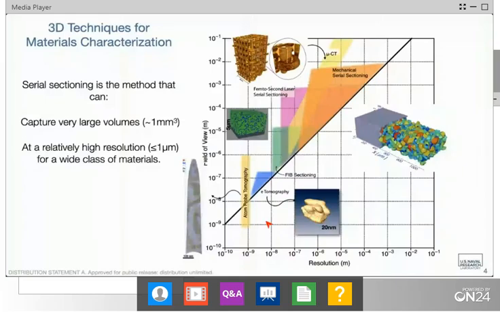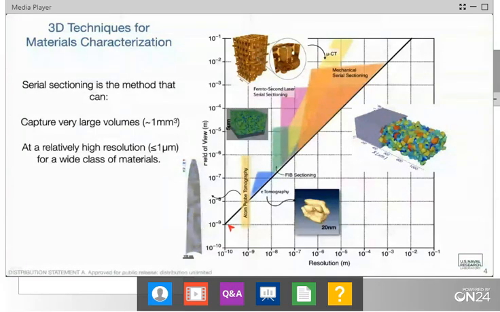So there are all sorts of different 3D techniques that one can use for the analysis of materials, and they really span a lot of length scales. At the very smallest length scale, we have atom probe, where you're looking at the actual position of individual atoms and how they're arranged. Very good for extracting nanoscale composition variations. If you want to look at nanoprecipitates, there's electron tomography down to the TEM.